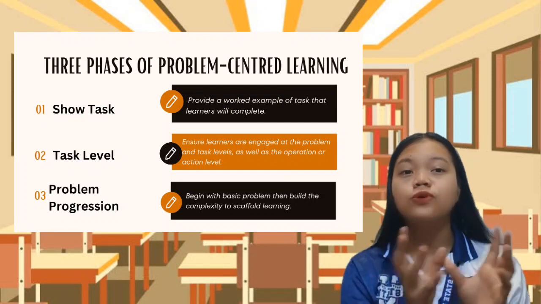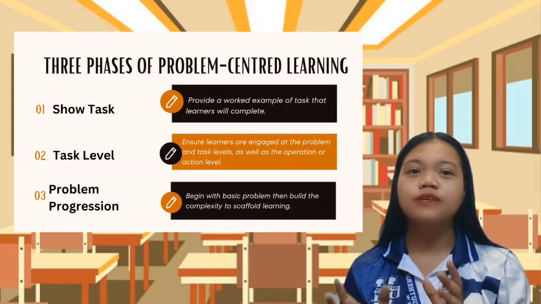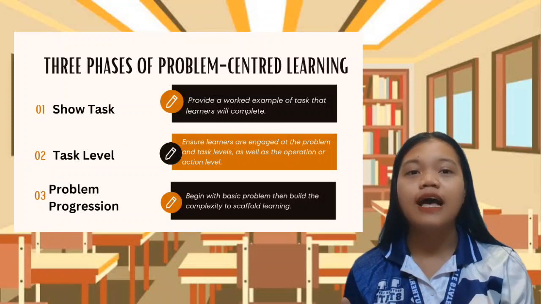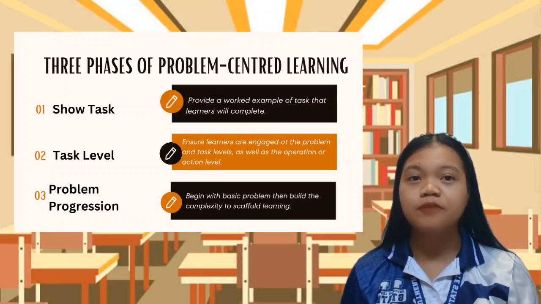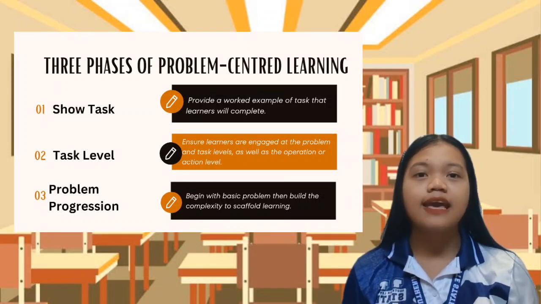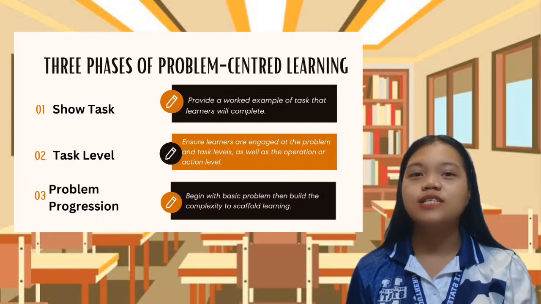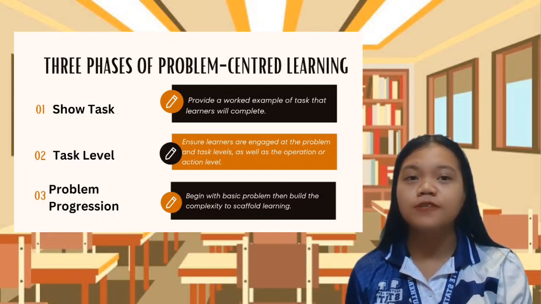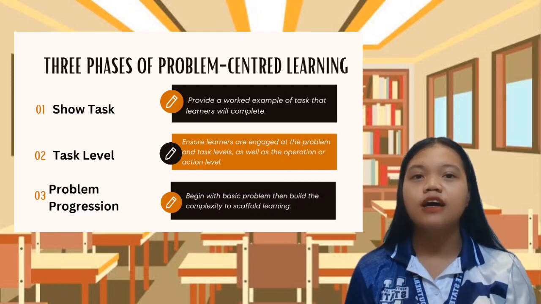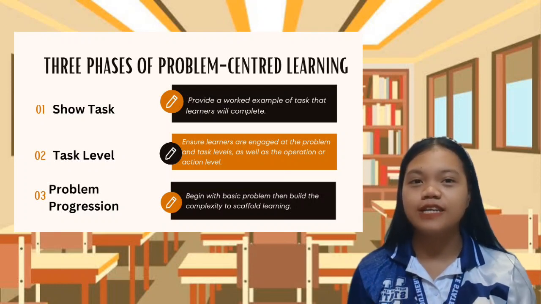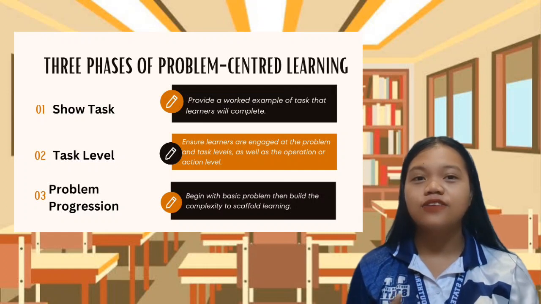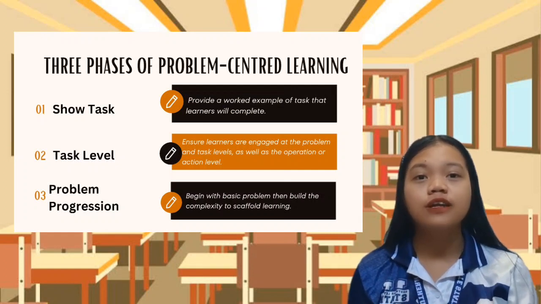So from simple to complex. Beginning with the basic problems allows students to grasp fundamental concepts and develop fundamental skills. As students become more proficient, the complexity of the problem is increased incrementally to scaffold their learning.